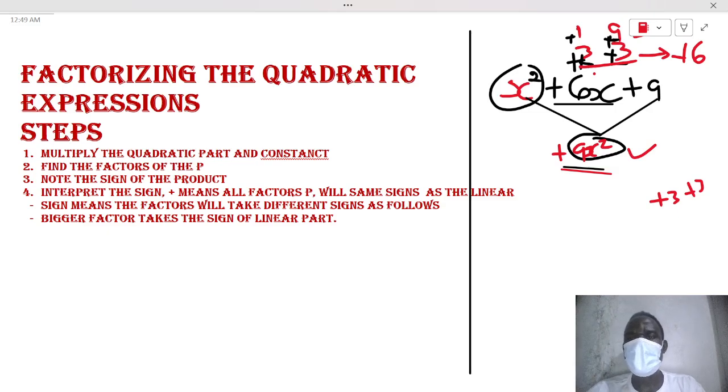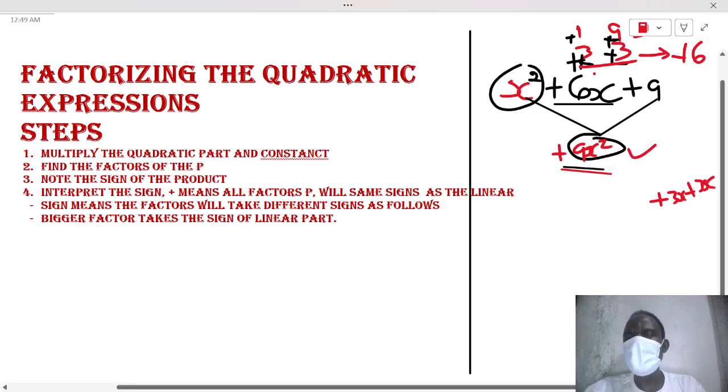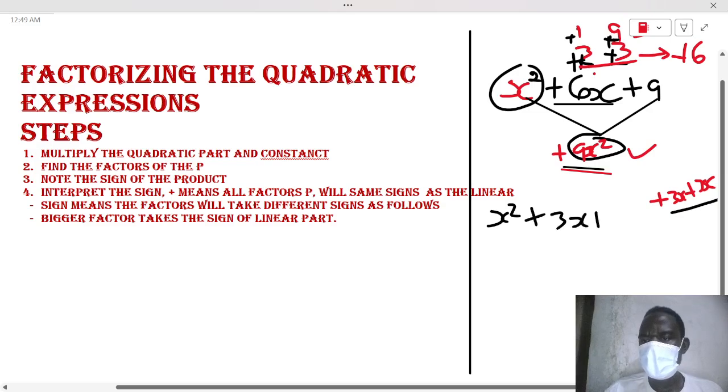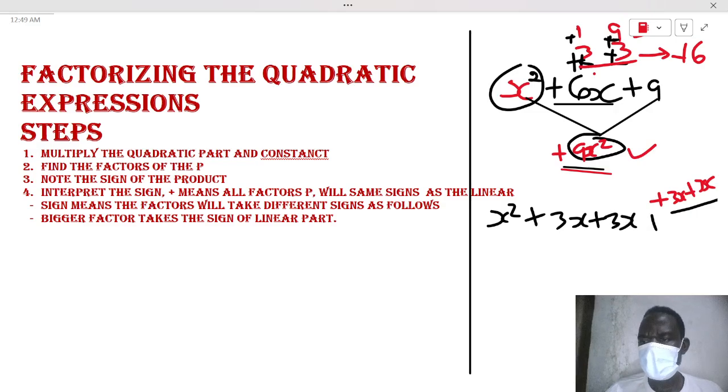So the factors are plus 3 and plus 3, giving 6 in the middle. Our variable is x, so we put x, and then x again. By substituting, instead of writing 6x, you write the factors out: x squared plus 3x plus 3x plus 9.